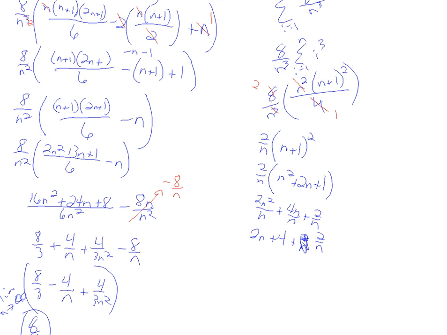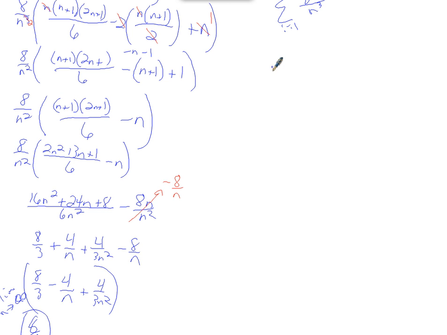So let me back up. This is just i squared here. Let me erase that. Okay. So starting over, we have the 8 over n to the third still, sum from i equals 1 to n of i squared.